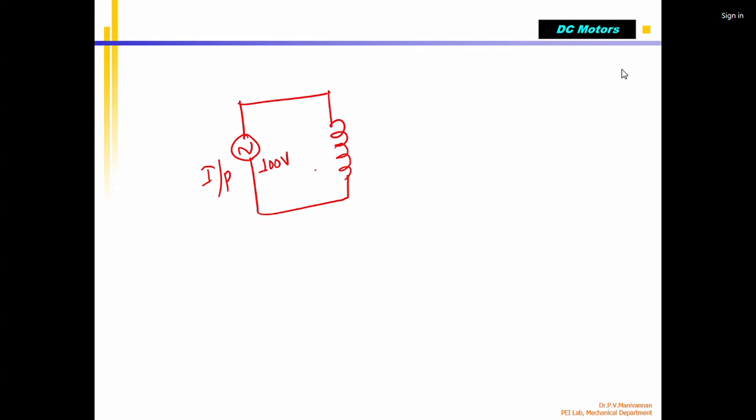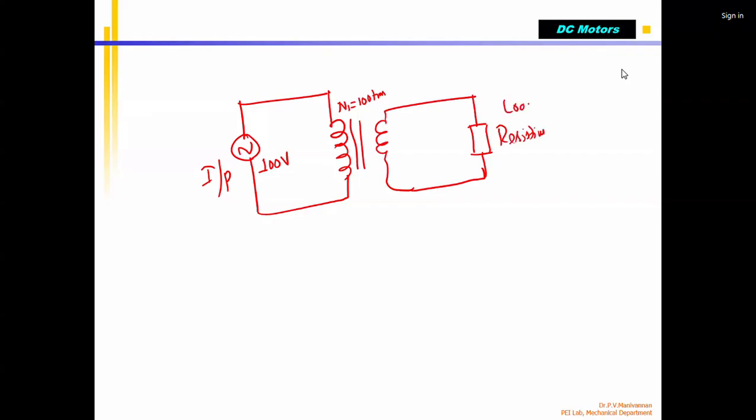This is supplied to my primary coil, which has N1 equal to 100 turns. This is my core. I have the secondary coil connected to a load. This is a resistive load, that means it is a pure resistor.